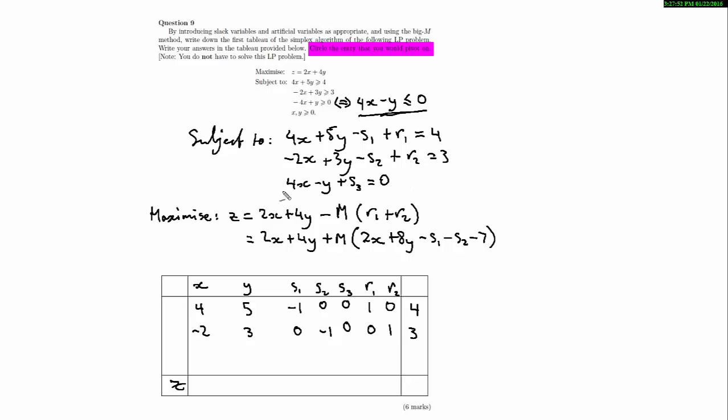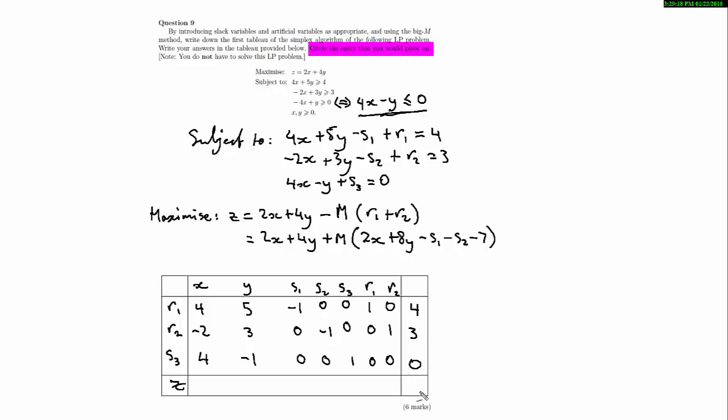And for our third row, we use the third constraint, which is 4, -1, 0, 0, 1, 0, 0, 0. At this point we can quickly write in what our basic variables are here. For the top row, R1 is a basic variable. For the second row, we have R2. And for the third row, we have S3.